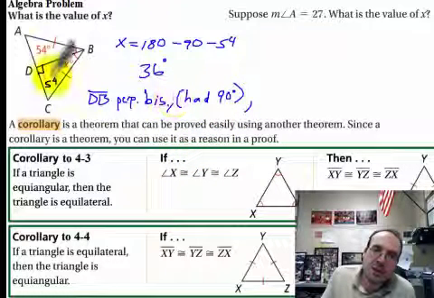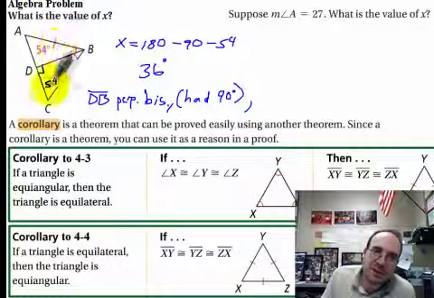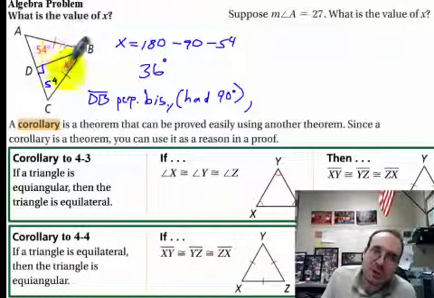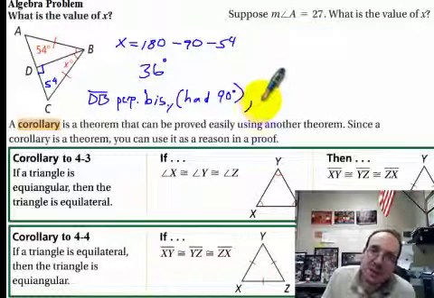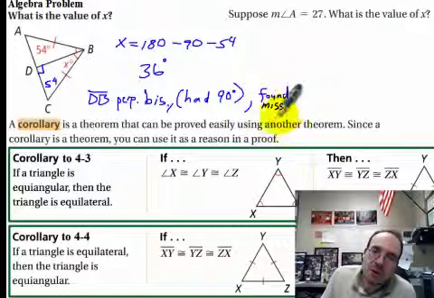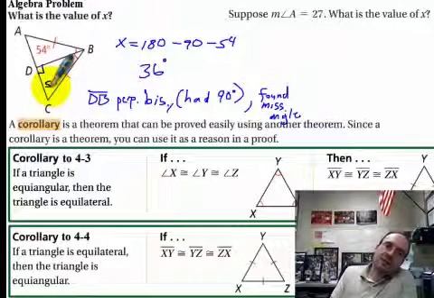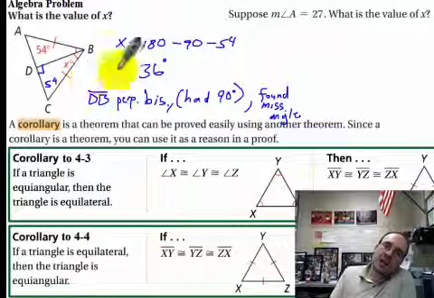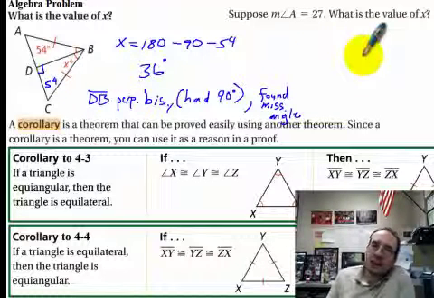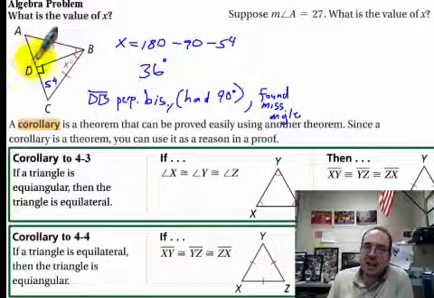And also we used the isosceles triangle theorem. If this is 54, because these two sides are the same, this is 54. And I know those two sides are the same because it's isosceles. So then we found our missing angle, which happened to be 54. And then we took the 90 and the 54 that we found and subtracted from 180, and that gave us x.